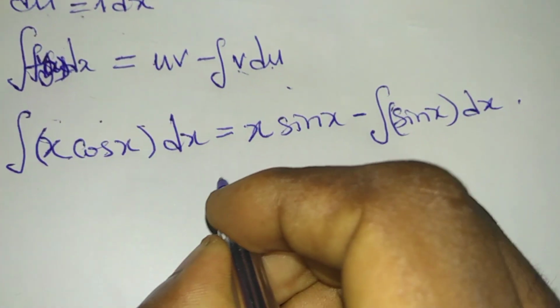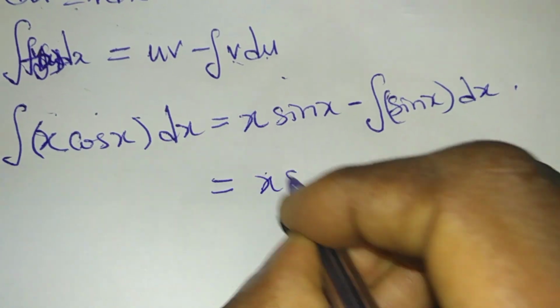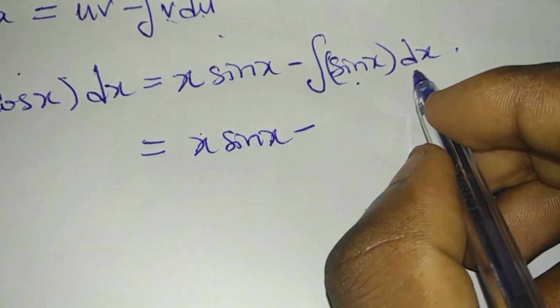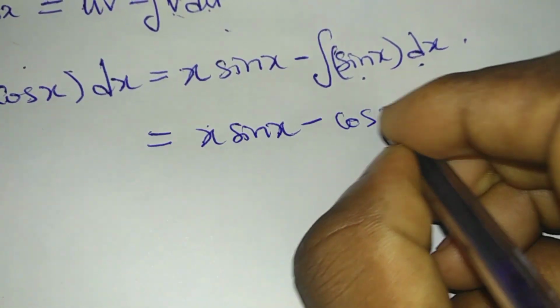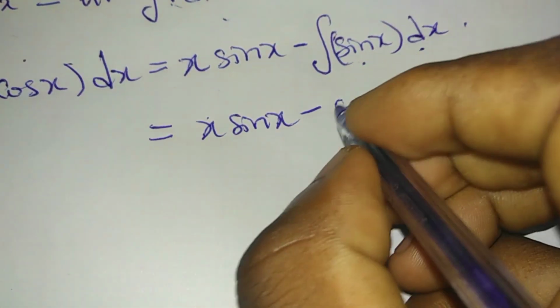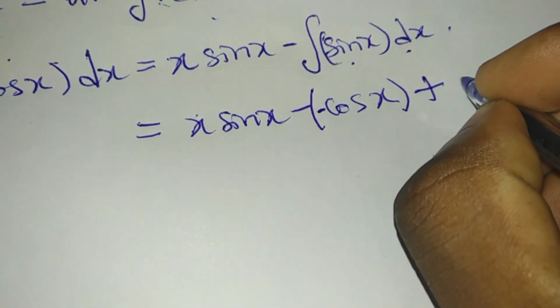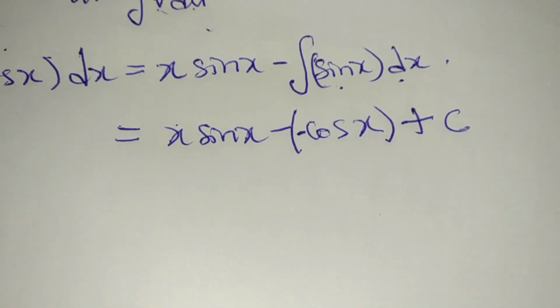Now it is equal to x sine x minus the integral of sine x dx, which is negative cos x, then plus c, the constant of integration.